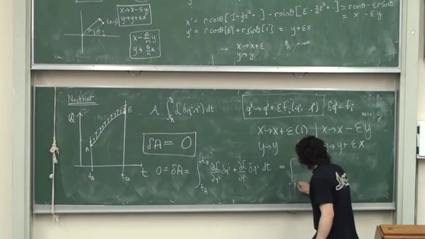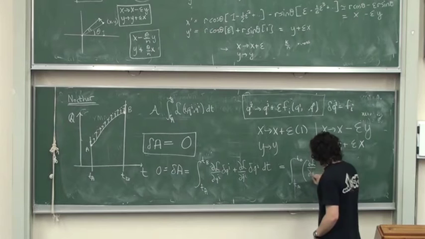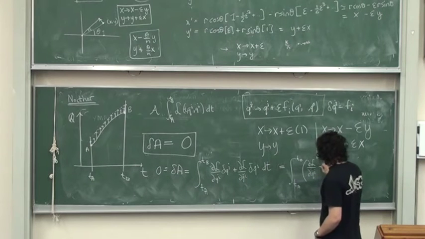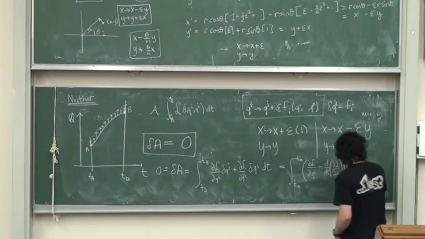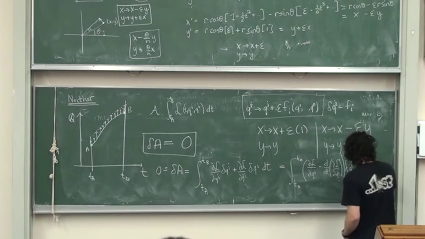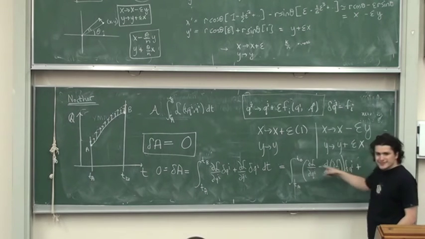We integrate from tA to tB. And we'll have in here ∂L/∂qi minus d/dt of ∂L/∂qi dot, times delta qi, plus the thing at the endpoints. And the thing at the endpoints, remember there's an implicit sum the whole time.